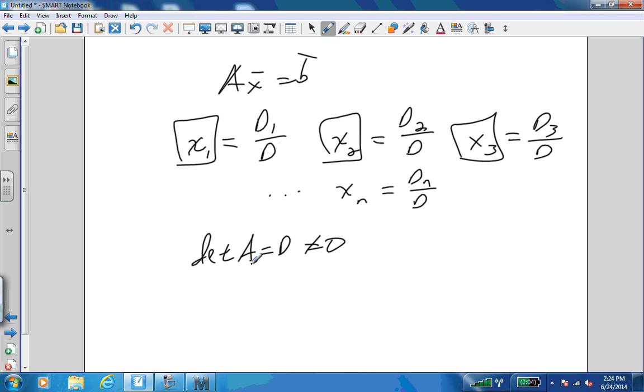A couple of notes there. If the determinant of A is not 0, that means A has an inverse. That also means there's a unique solution to our system of equations. If D is 0, then there's no inverse and there's not a unique solution.